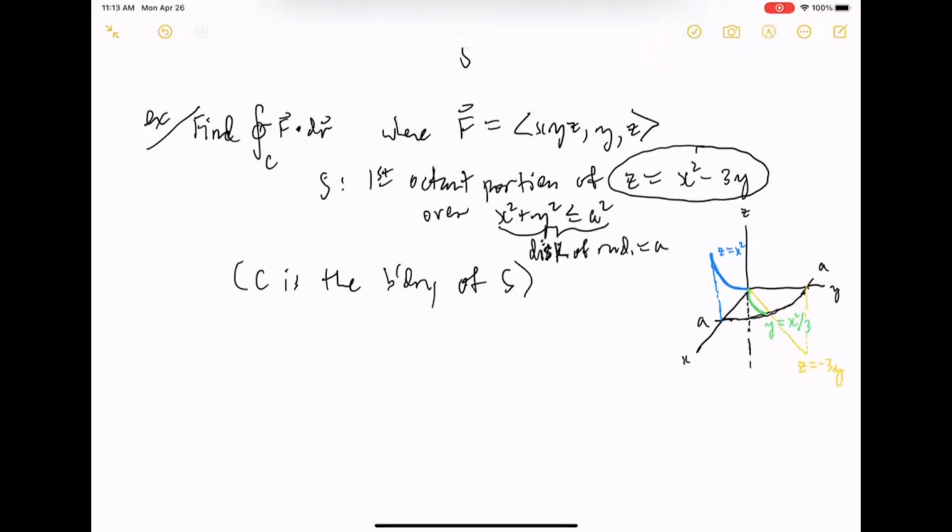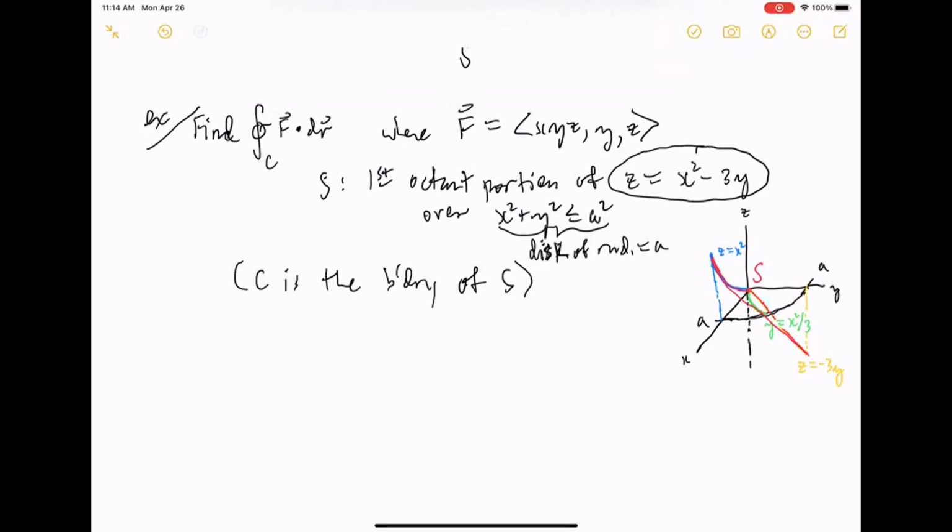You can kind of imagine how this thing is. It probably goes down over to here, and then down over to here, and overall does its thing like this. So there's our surface. Our surface is sitting right there.